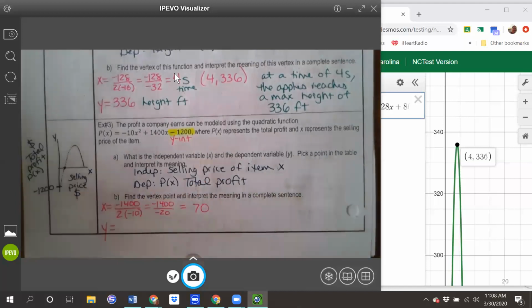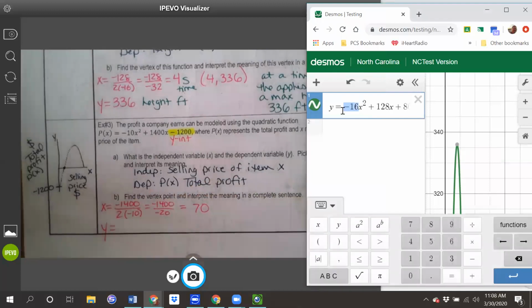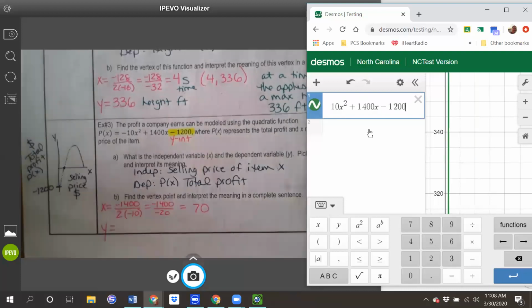All right, let me come this way. And I need to be more careful this time. This is a negative 10x squared plus 1400x minus 1200.